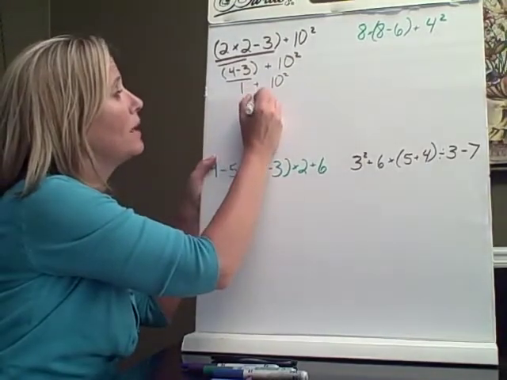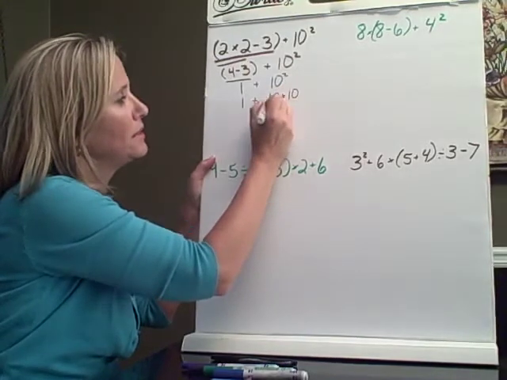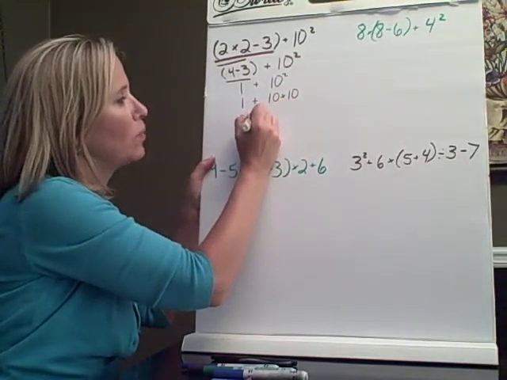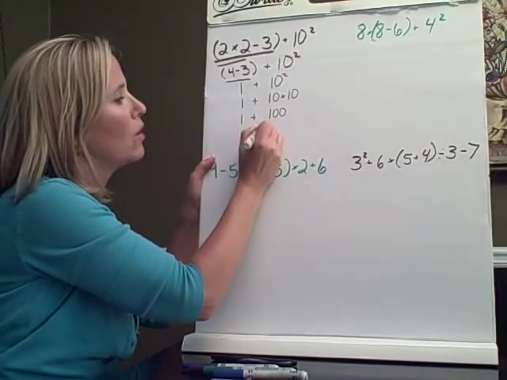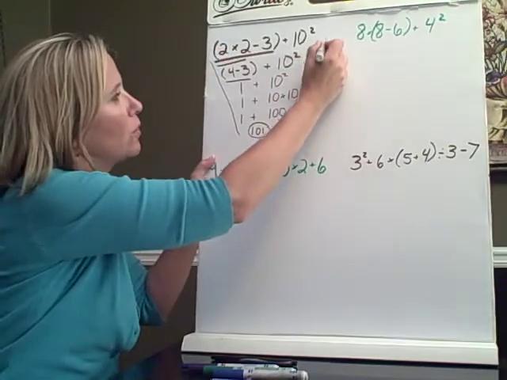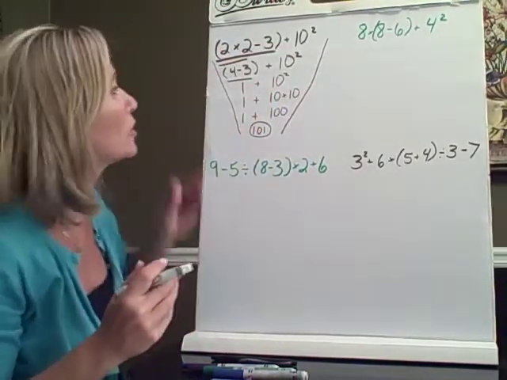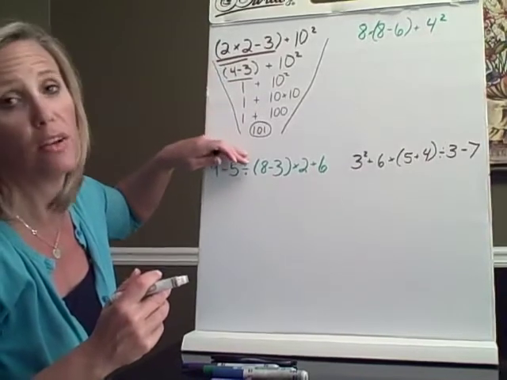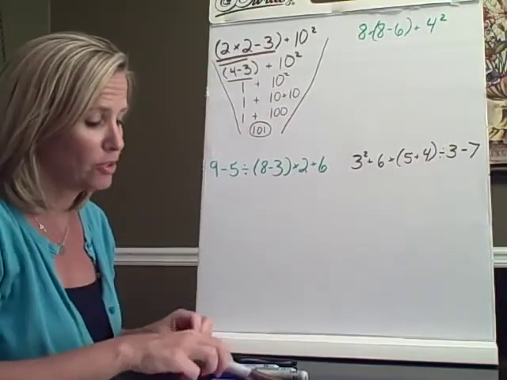So I'm going to have 1 plus 10 times 10, which is the same as 1 plus 100, which is 101. And if you look, as you're working the order of operations, you're going to create a funnel. Your expressions should get smaller and smaller each time, although this time it got bigger because of the exponent. All right, let's try the next one.